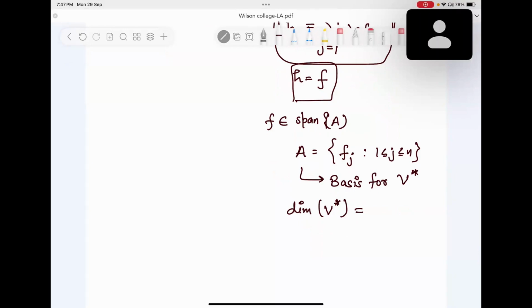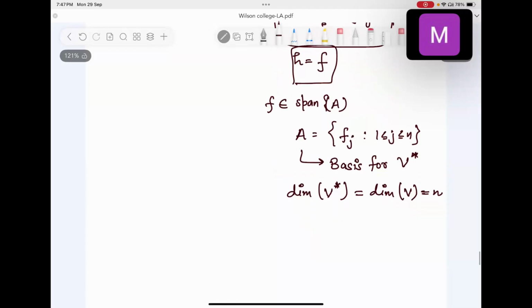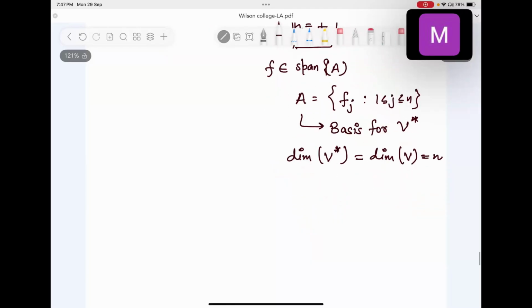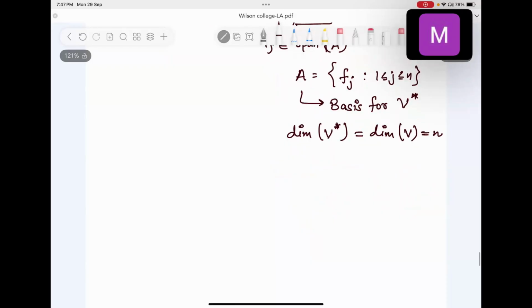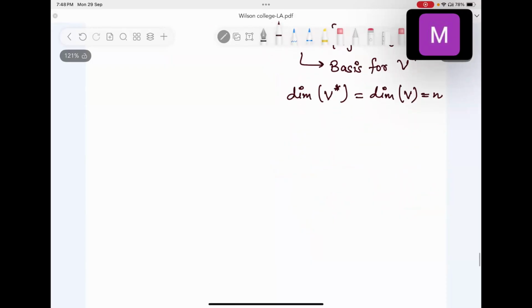The dimension of V. And what is the dimension of V? N. Yeah, n. Okay. Now let me tell you some properties of this function. Suppose f is non-zero. Non-zero means there is one member x in V such that f of x is not equal to 0.